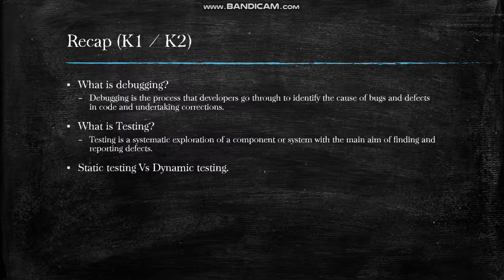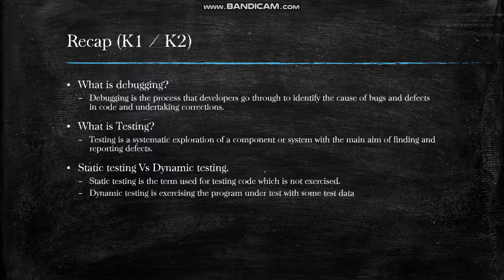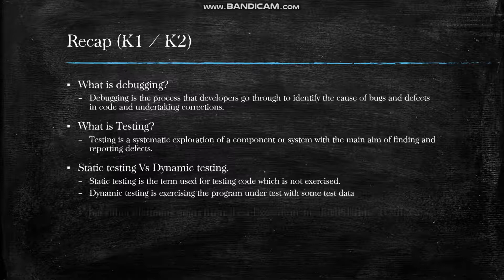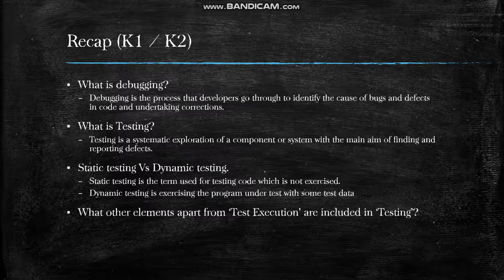What is the difference between static testing and dynamic testing? Static testing is the term used for when code is not being exercised, whereas dynamic testing is for when the program under test is being exercised with some test data. What other elements apart from test execution are included in testing? Test preparation and test planning.